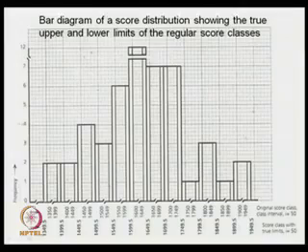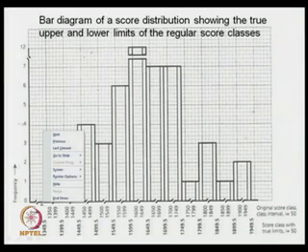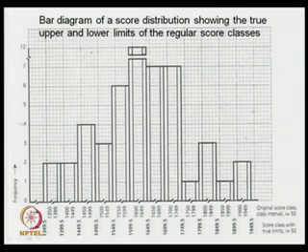So this specific group starts 0.5 below, means the true limit of this group will be 1349.5 instead of 1350, and the upper value of this group would be 1399.5, means adding 0.5.